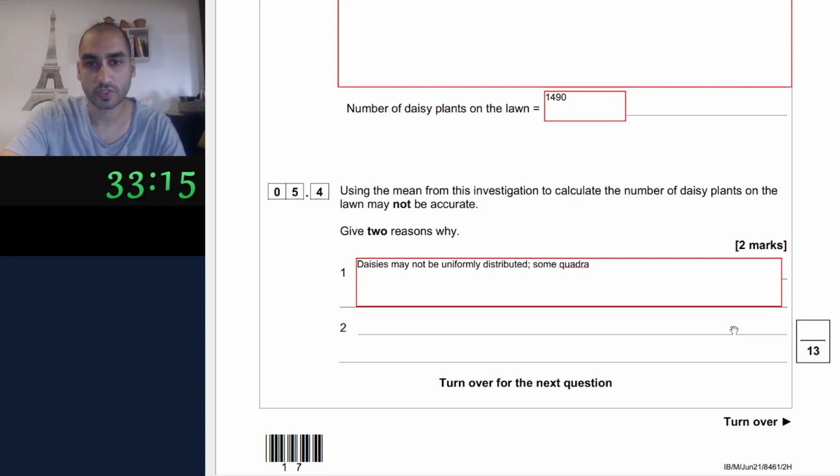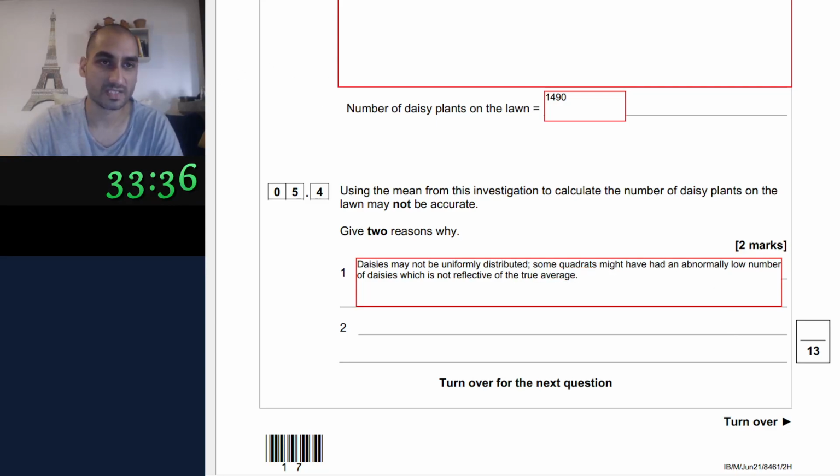Some quadrats might have had an abnormally low number of daisies, which is not reflective of the true average.